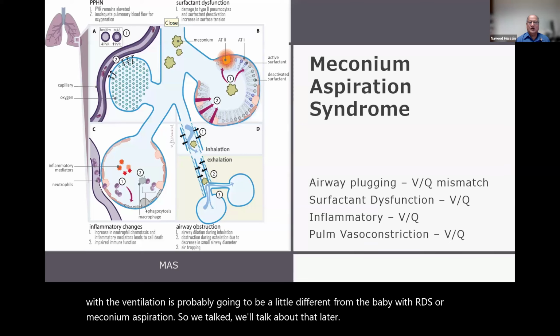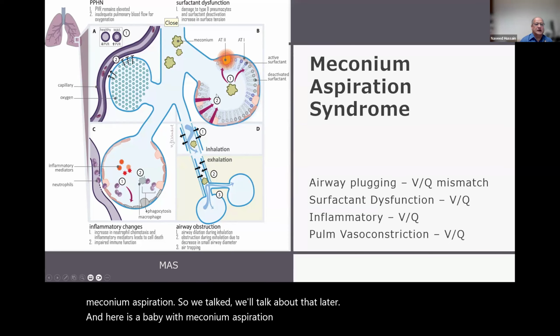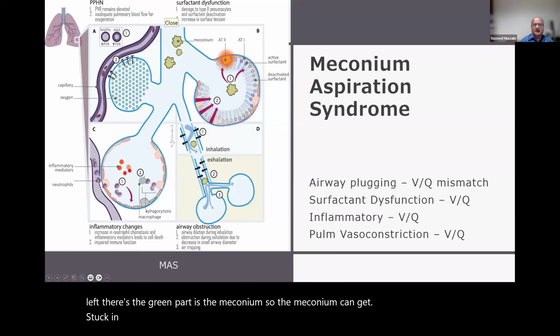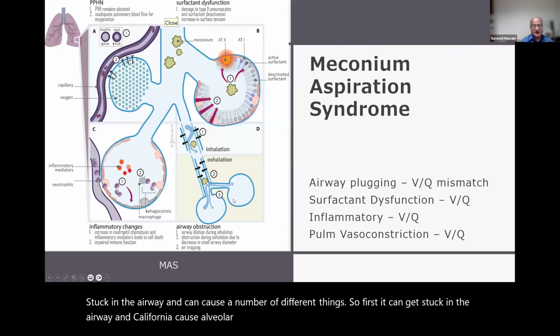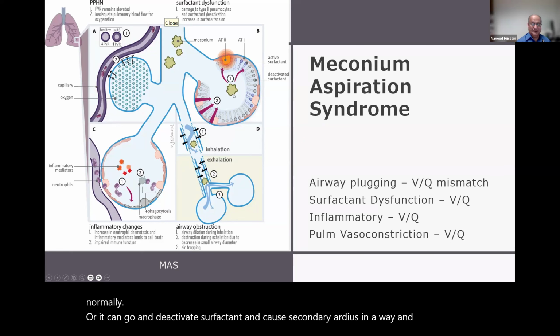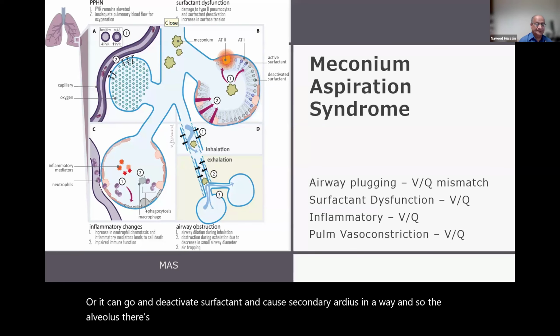And here is a baby with meconium aspiration syndrome. I'm showing in the cartoon on the left, the green part is the meconium. The meconium can get stuck in the airway and can cause a number of different things. First, it can get stuck in the airway and cause alveolar collapse. So there's VQ mismatch here because the alveoli are collapsed, while blood is perfusing normally. Or it can deactivate surfactant and cause secondary RDS in a way, and so there's another VQ mismatch.